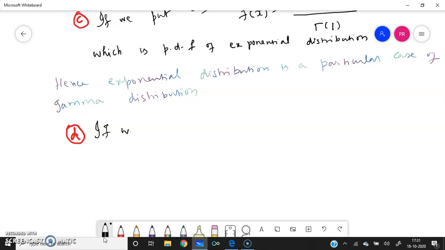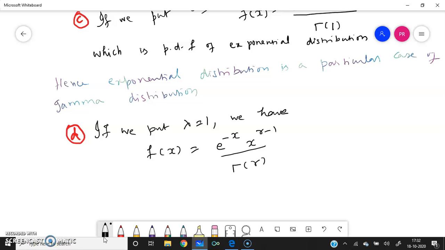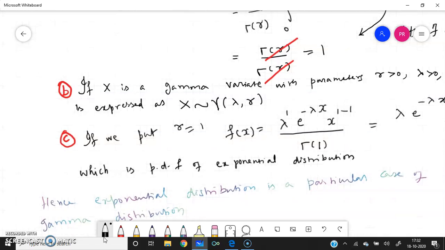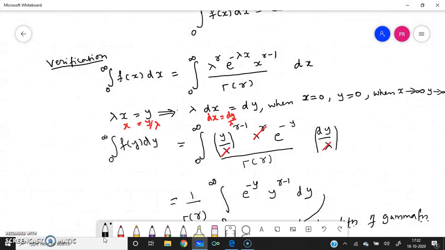If we put lambda equal to 1, we have f of x equal to e to the power of minus x, x to the power of r minus 1 by gamma of r. Since lambda is 1, all those terms become 1, and e to the power of minus 1 times x leaves only e to the power of minus x.